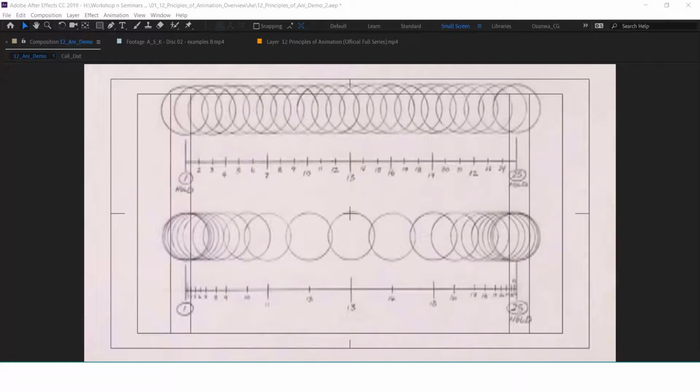So how you arrange them matters. If you have them closer to each other, they will look very smooth, as compared to when they are wider apart. When they are arranged closer, it gives that sense of ease. There's the ease movement happening.